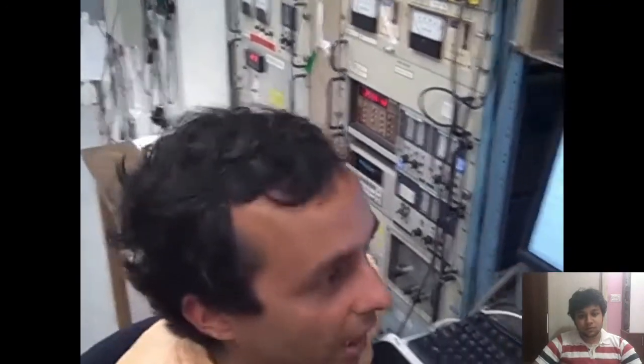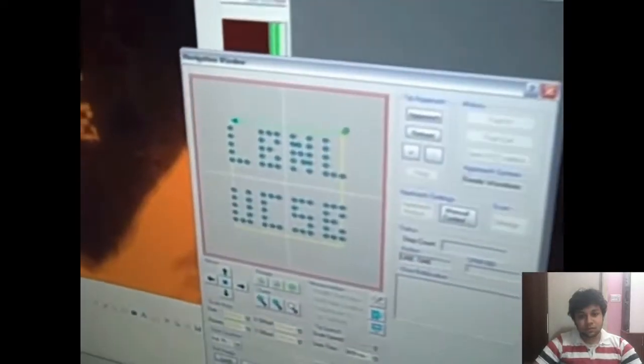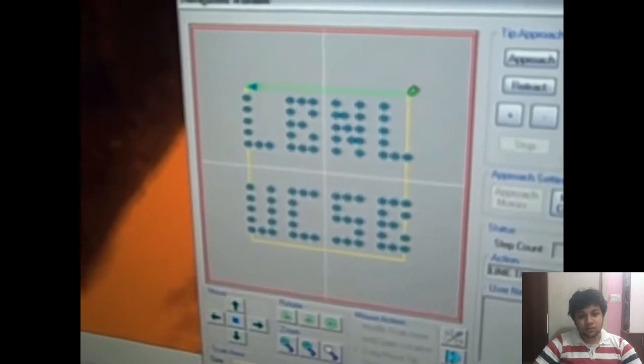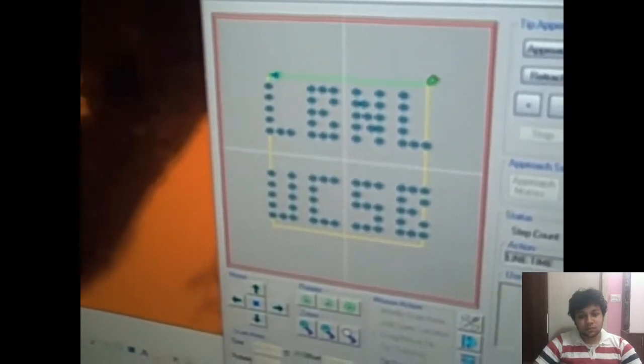And with this control here we can position our transistor right underneath the tip, and then by doing a scan of the transistor we can get a close-up and position our tip with nanometer precision right where we want it. And with that we can do any kind of patterns we want. Over here you see a pattern of the LBNL logo and the logo of our collaborators at UC Santa Barbara. And on the left you see the pattern, how it's going to look later, and this is in a diamond. The spots you see in this picture are about micrometer sized.